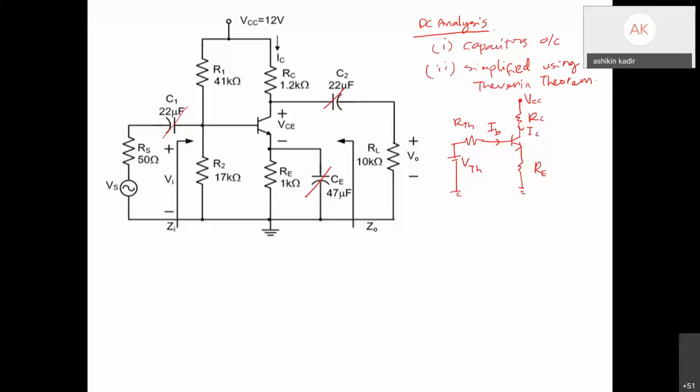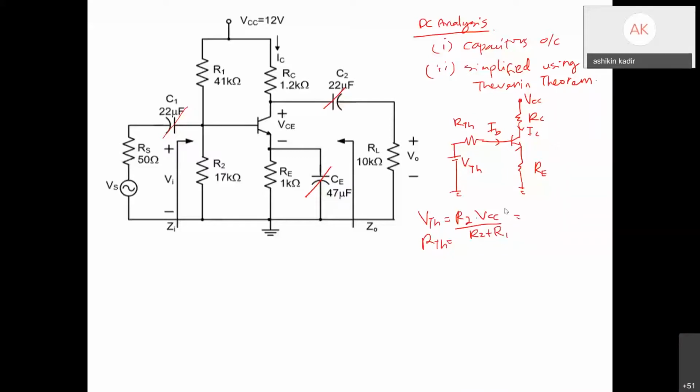Okay, so firstly, determine your VTH and RTH. You know how to find the VTH and RTH, right? VTH equals R2 multiplied by VCC divided by R2 plus R1.